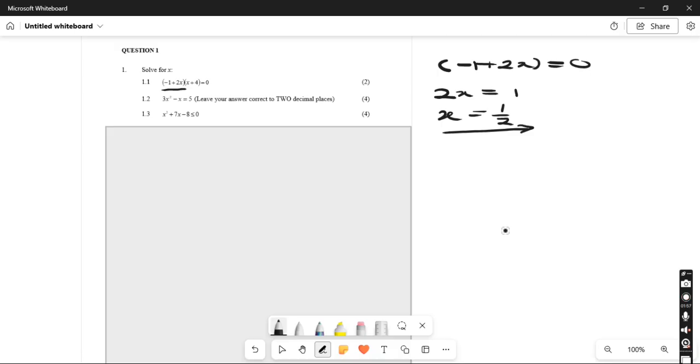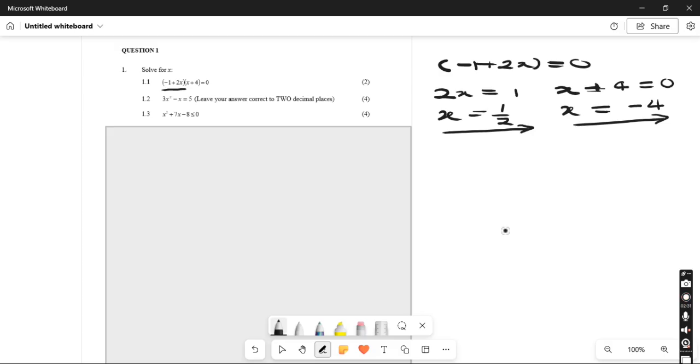Moving on to the second part of the problem, we've got x plus 4 to be equal to 0. Therefore, from here we've got x to be equal to -4. Done like that.